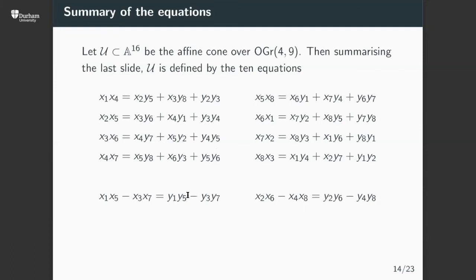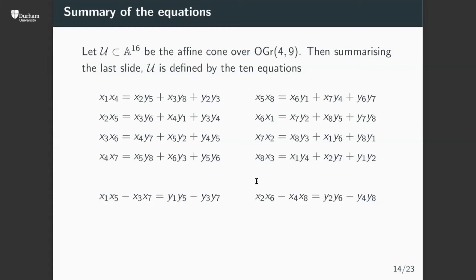And then these 2 additional equations at the bottom here, x1 x5 minus x3 x7 is y1 y5 minus y3 y7, and so on. And so really, if you want, and to be honest, this is more or less where I started this project, you can just assume that you start with the variety that's defined by these equations here.